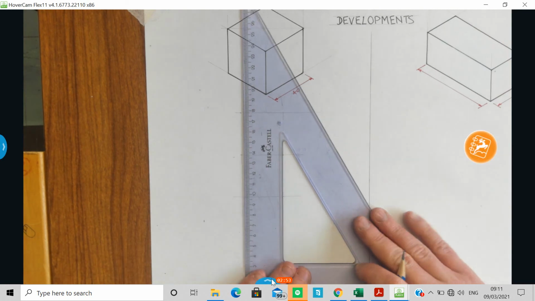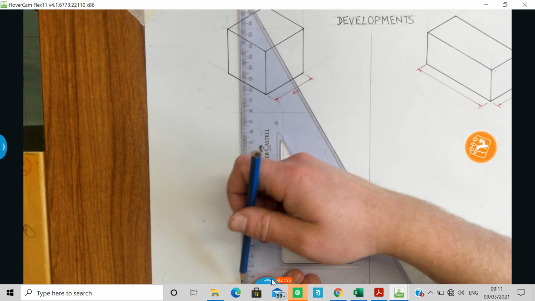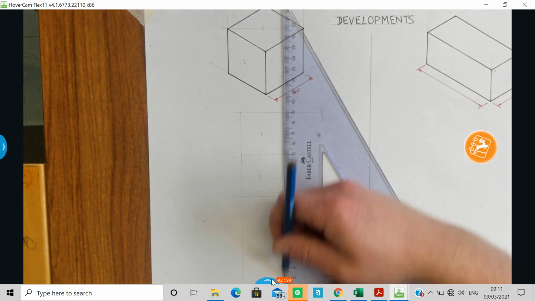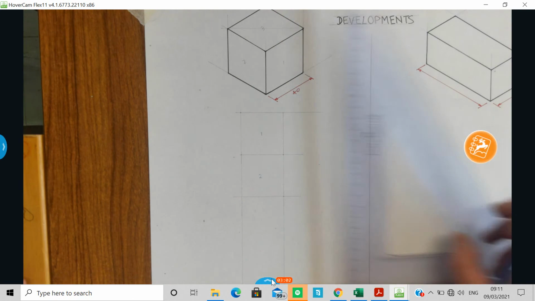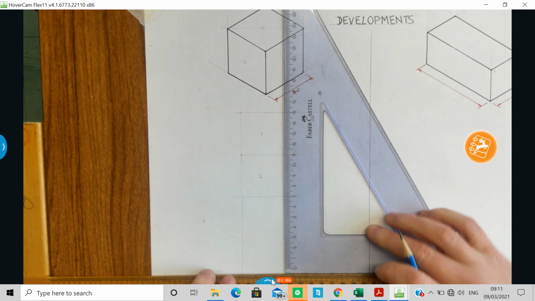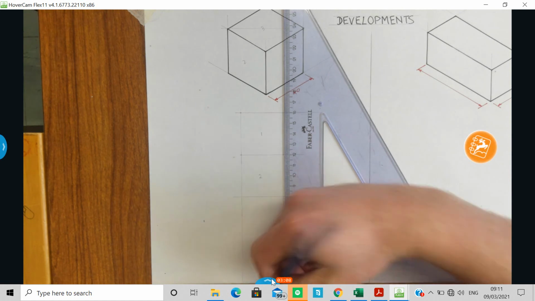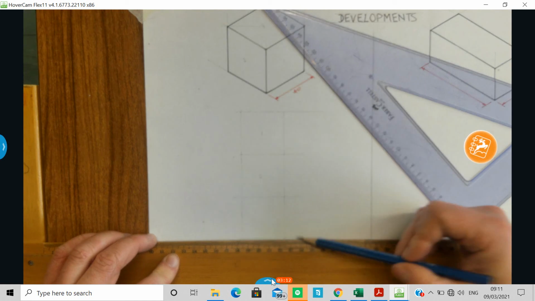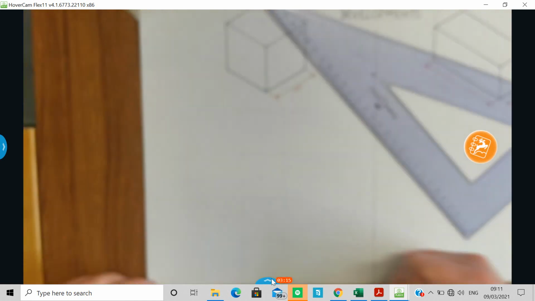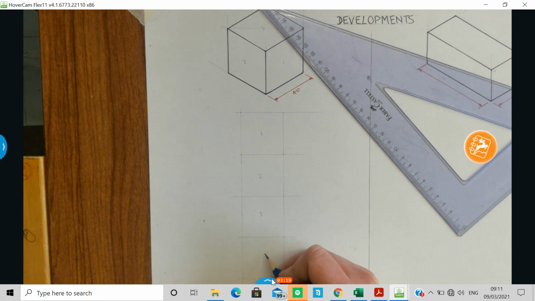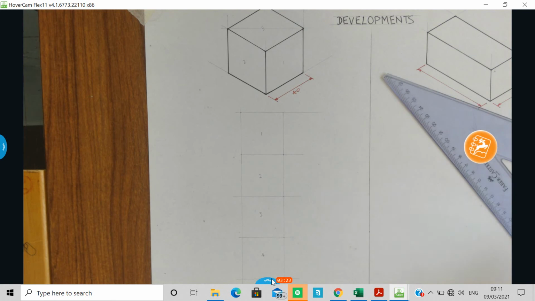Okay, so let's go another one. Okay, so there's another 2 boxes I'm after drawing really quickly. 3 and 4. Okay, I know I have 2 left.